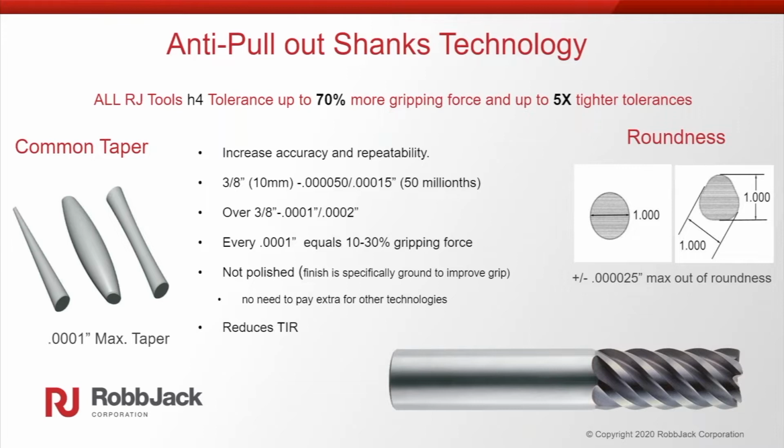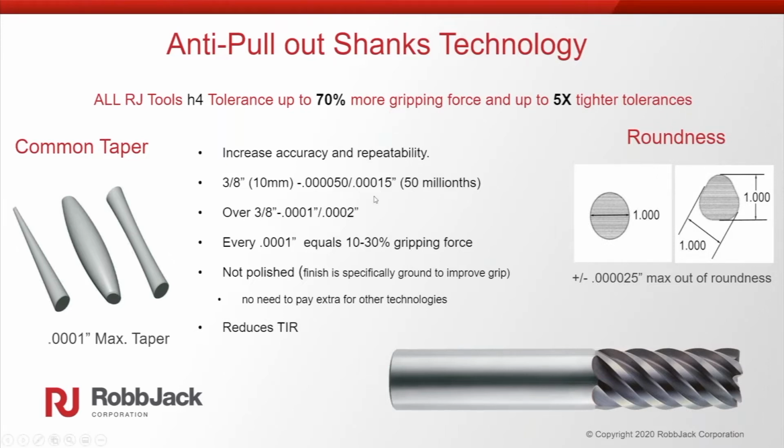And what that does, not only on the gripping force, is keep tools from pulling out of the holder and inaccuracies of that, but it's about 5 times tighter tolerance than some of the others, even up to H6 tolerance, it can be 5 times tighter. So what that does is it gives you an increase in accuracy and repeatability, which is paramount in the medical field.